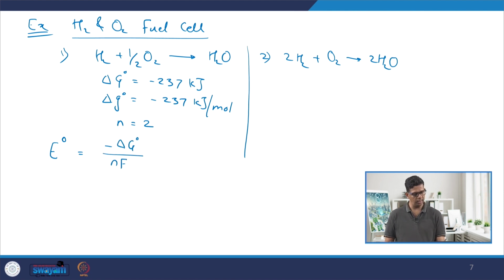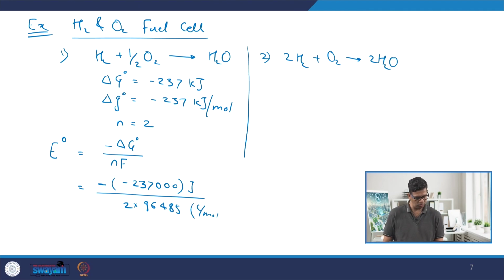or it can also be written as minus delta small g naught by NF. The minus will remain the same. Delta G naught is minus 237 kilojoules, so let's convert that into joules, and N is 2. Faraday's constant is 96,485 coulombs per mole.